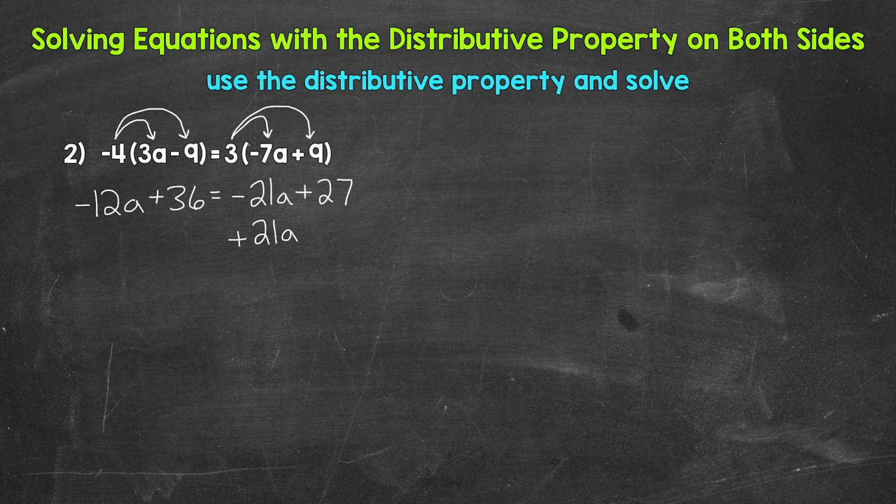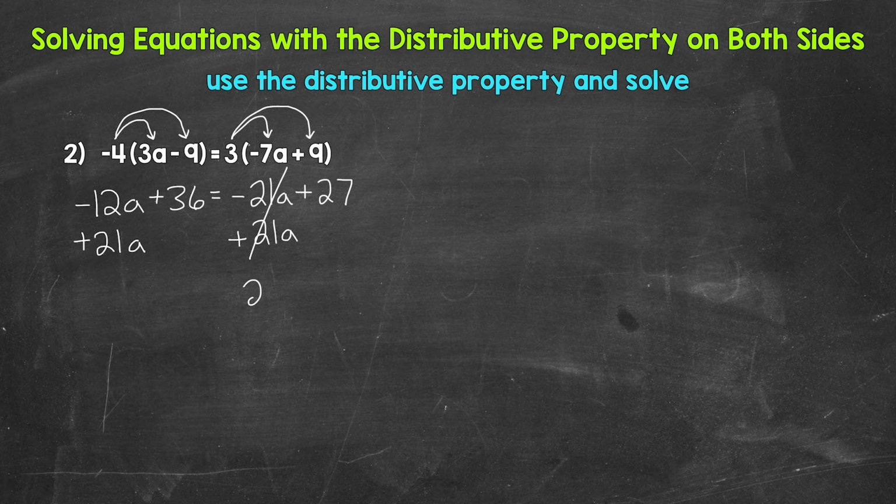Whatever we do to one side, we must do to the other. So add 21a to the left side as well. Now on the right side of the equation, we have a -21a plus a positive 21a. So these cancel each other out.